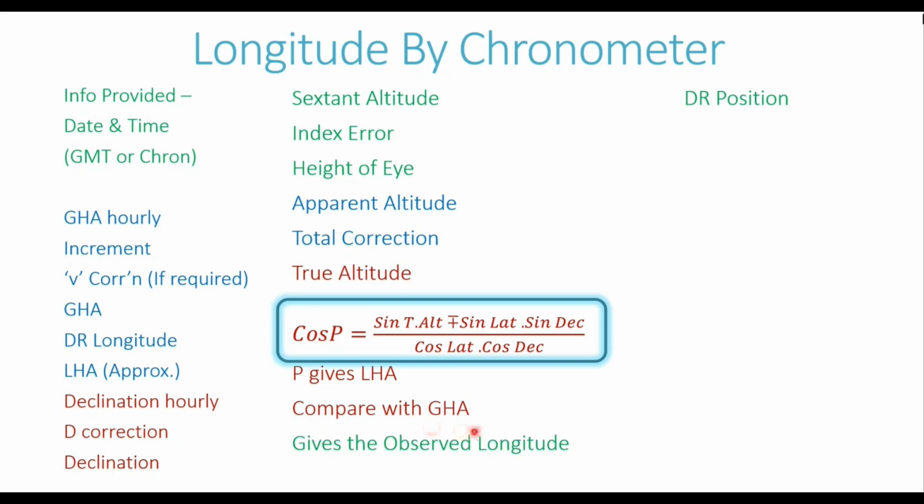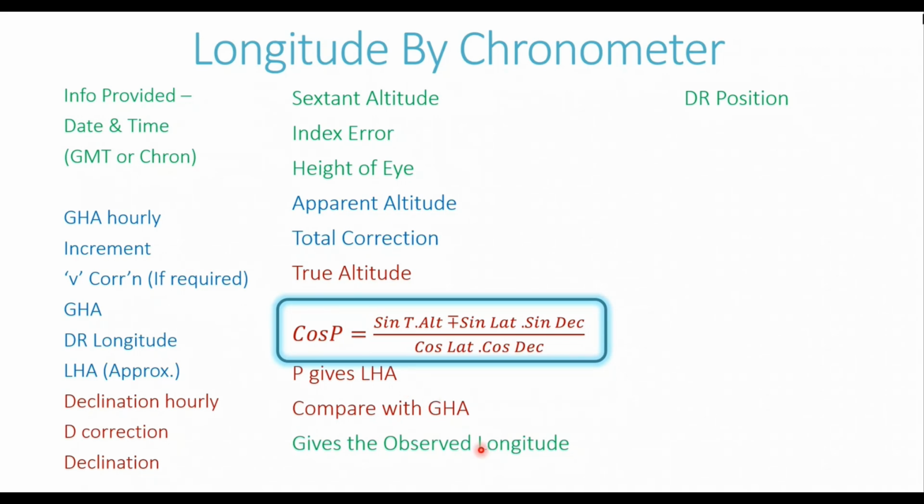The difference between GHA of a body and the LHA of a body is determined by the longitude of the observer. So when you have both LHA and GHA known to you, you will be able to easily find the longitude from their difference.